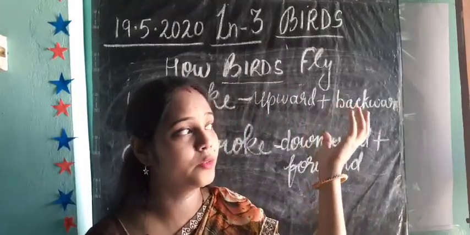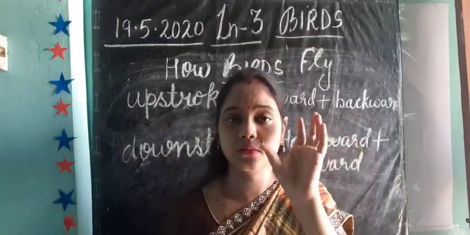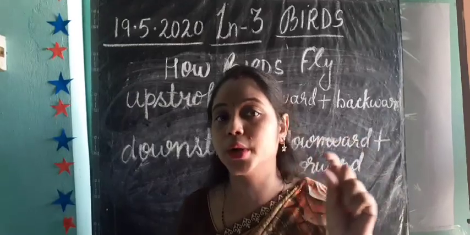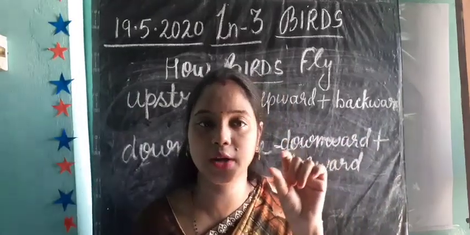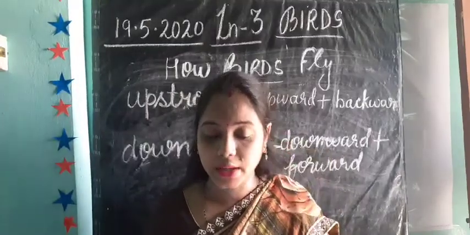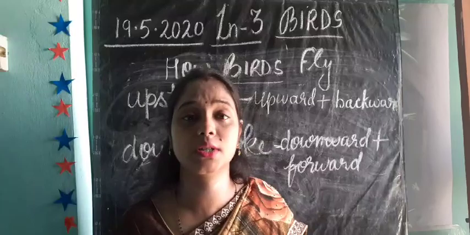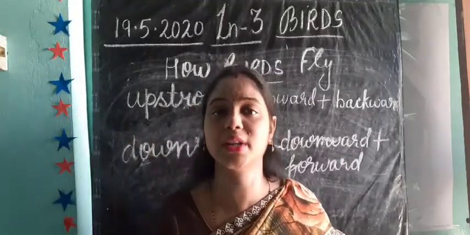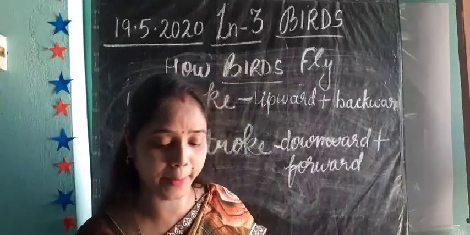Because I told you in the starting also that bird bones are hollow in structure. But in ostrich, emu and these flightless birds, their bones are not hollow and their bodies are also very heavy. That is why they cannot fly.